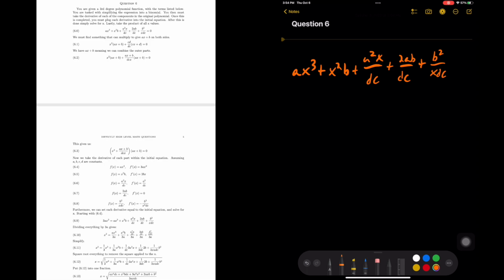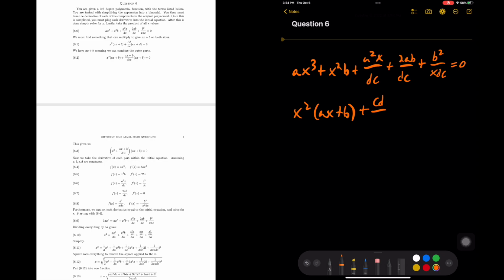And this is all equal to 0. So we must find something that can multiply to give ax plus b on both sides. Namely, we can take ax squared times ax plus b on this side. So if you factor out the x squared, you find that ax plus b is left on the inside, which is exactly what we're looking for.